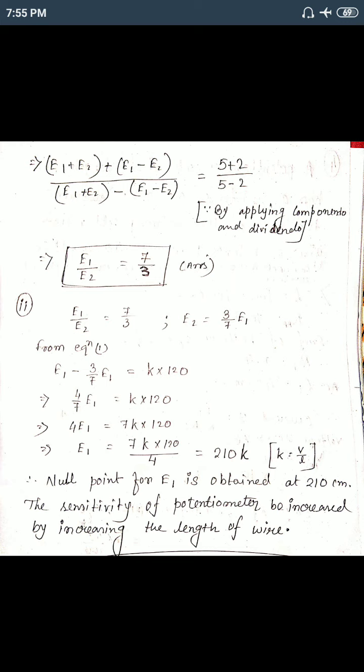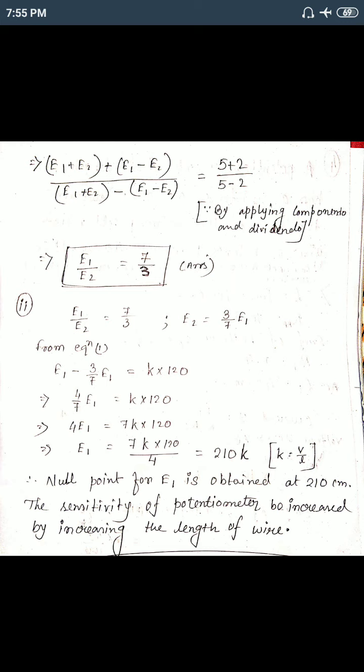In place of E2, we write 3 by 7 into E1, that equals K into 120. Now if we solve this, we get 4 E1 by 7 equals K into 120, so E1 equals 7 into 120 by 4 K, that is 210K.